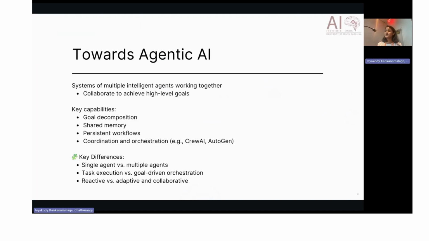Compared to traditional AI that acts alone and reactively, this agentic AI concept enables goal-driven orchestration across multiple manufacturing tasks, and that makes it far more powerful in complex and dynamic manufacturing environments.